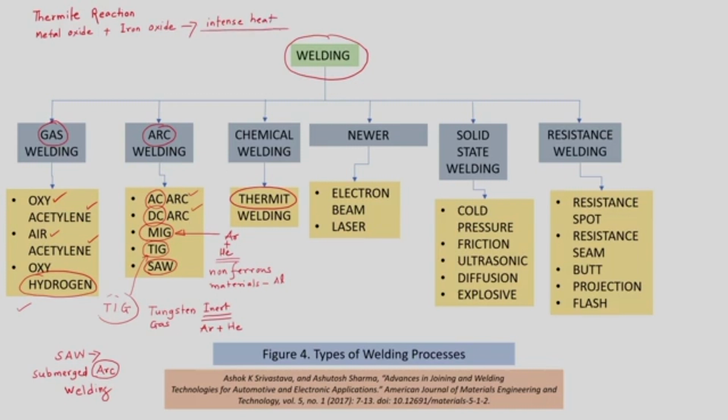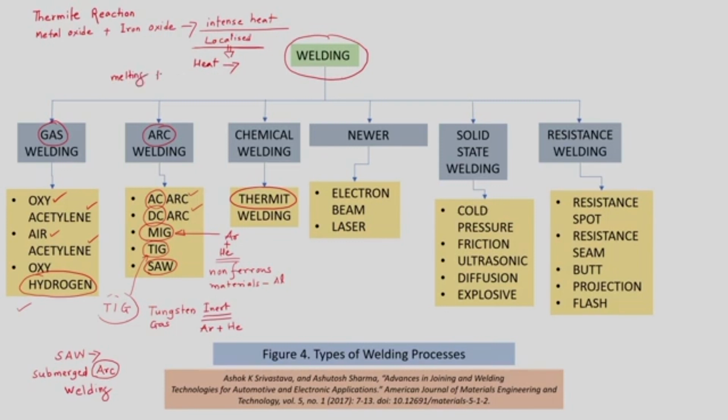However, this intense heat is localized. So, we are applying it at the required location. Since it is a localized intense heat, it is melting the substrate and then we can have the required joining done. So, this is generating heat and that is melting the interface.